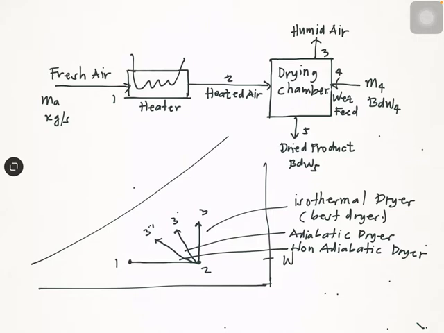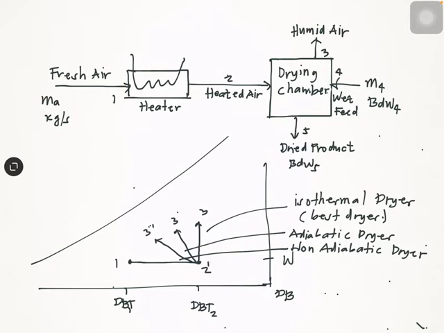Okay, at point 3 we have the humid air out. Point 1 is at this dry bulb temperature, and it is heated to point 2 here. So this is dry bulb temperature 1 and dry bulb temperature 2. If this is a straight vertical line, 2 to 3, that is our isothermal dryer.